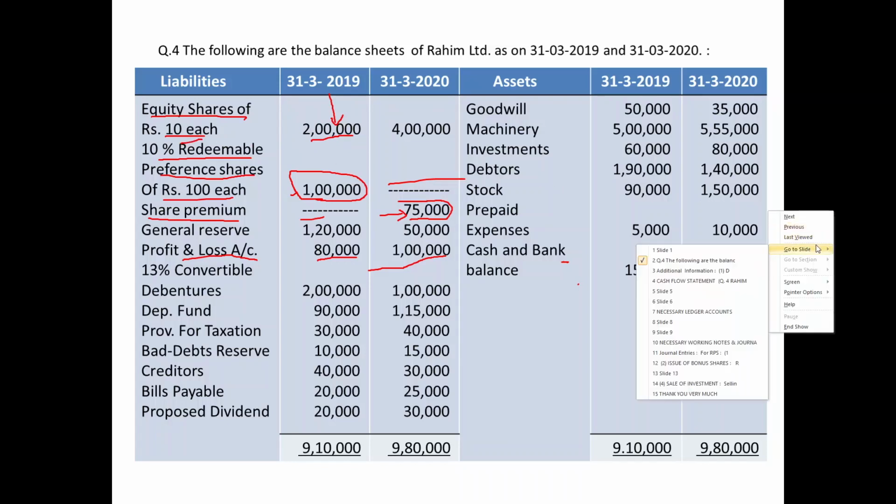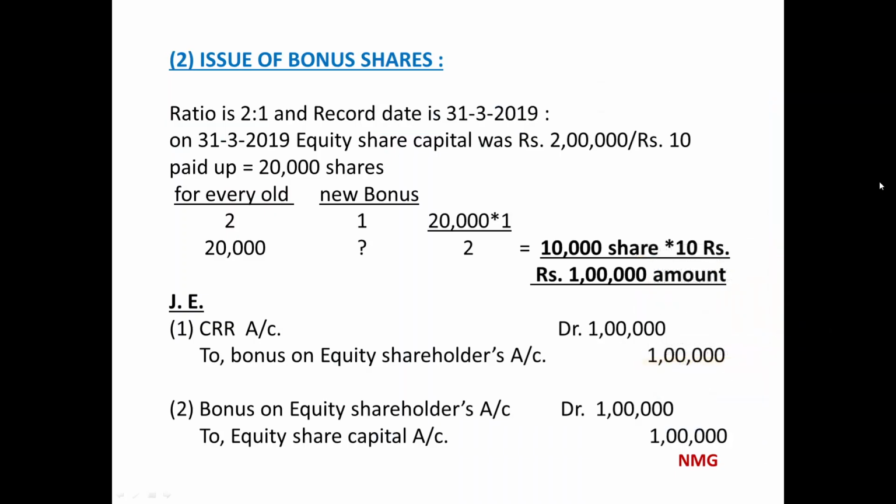Let us prepare a working note for this transaction, issue of bonus shares. Second working note, issue of bonus shares. Ratio is 2:1 given in additional point number 2. Record date is 31st March 2019. As we already saw in the balance sheet, on 31st March 2019, equity share capital was rupees 2 lakh, having a value of rupees 10.